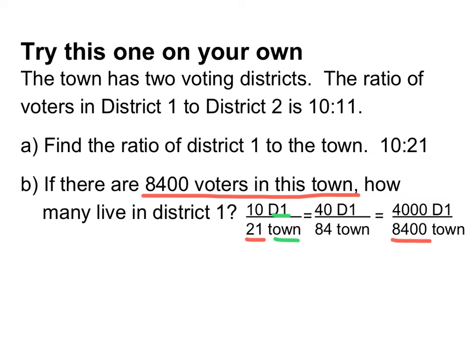I can turn 21 into 84 by multiplying by 4. So that means my 10 became a 40. And then I can turn 84 into 8,400 by multiplying by 100. So I have an equivalent fraction that tells me that 10 over 21 is the same as 4,000 over 8,400. So how many voters live in District 1? 4,000.